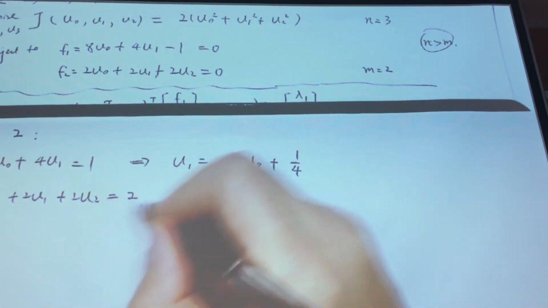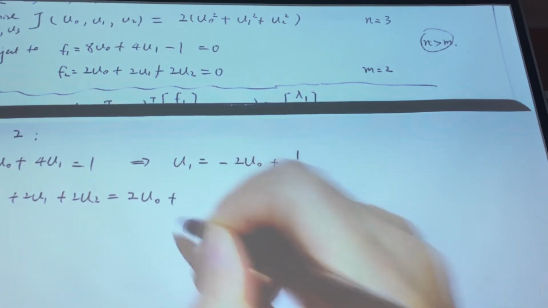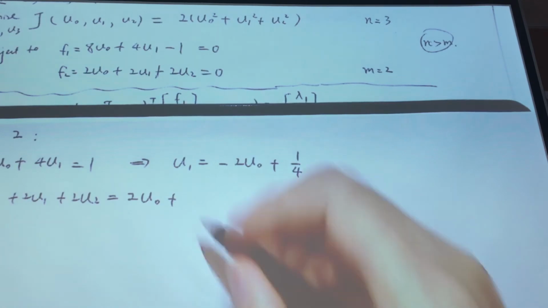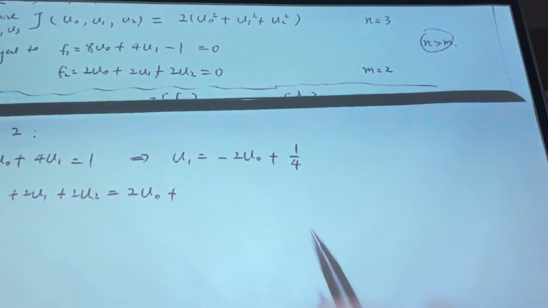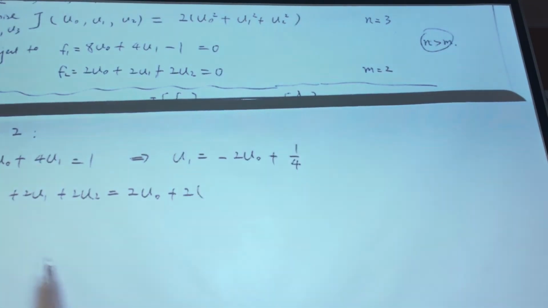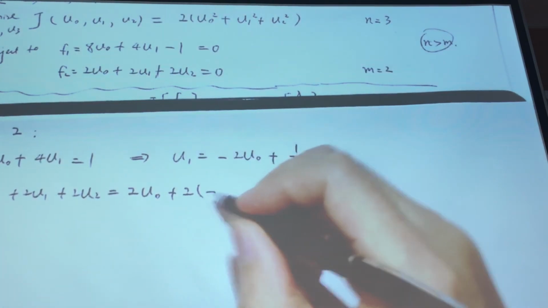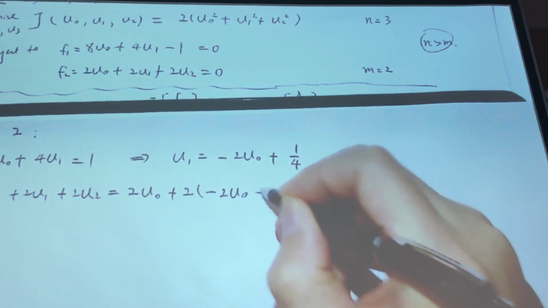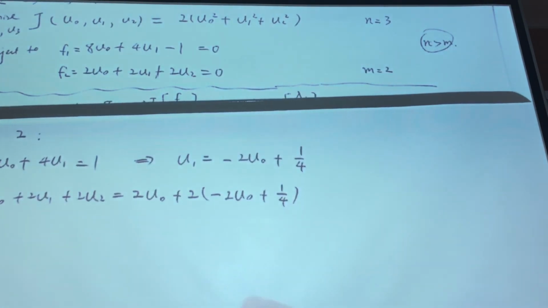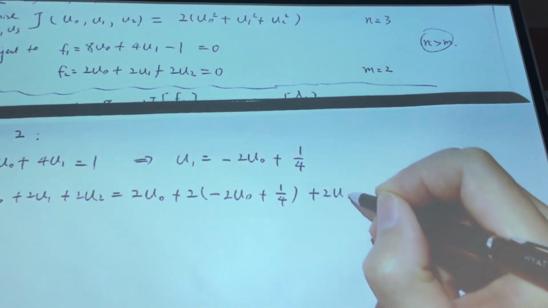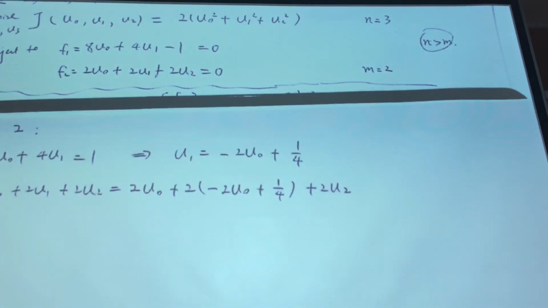So we have 2u0 plus 2 times u1, where u1 is given by minus 2u0 plus 1/4. Now we have an equation just in terms of u0 and u2, so that we can solve u2.